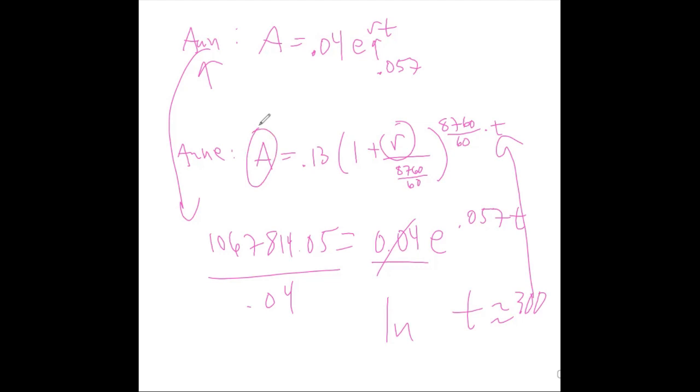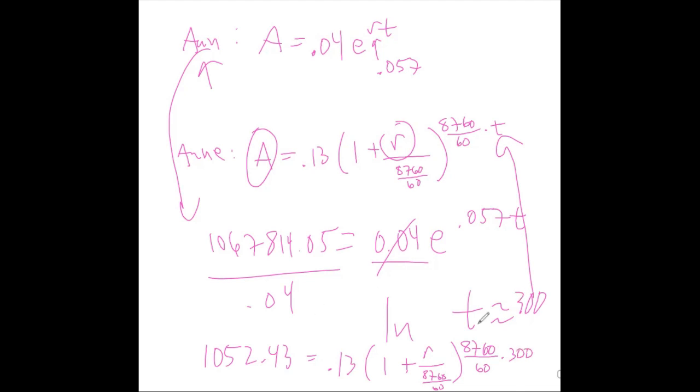Anne's final amount is supposed to be 1052.43 equals 0.13 times (1 plus R over 8760 over 60) to the power of 8760 over 60 times 300.